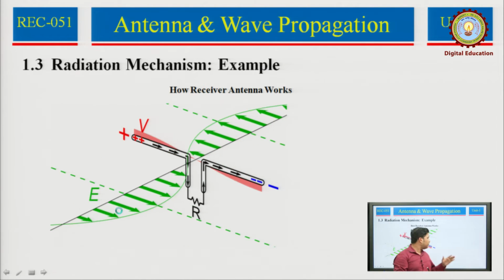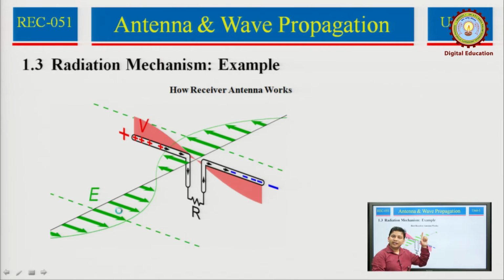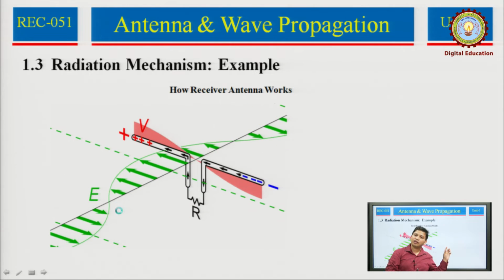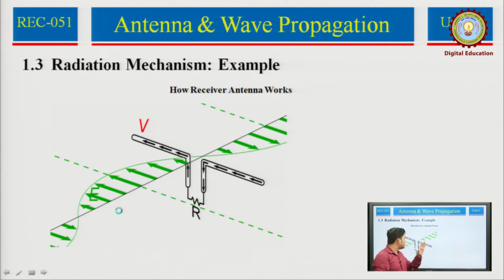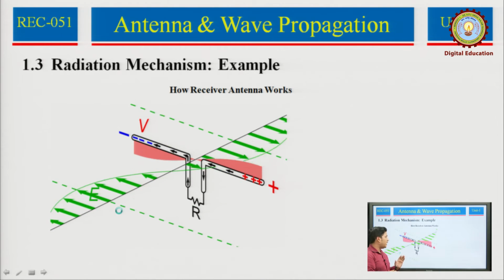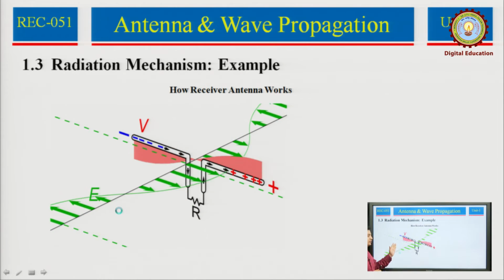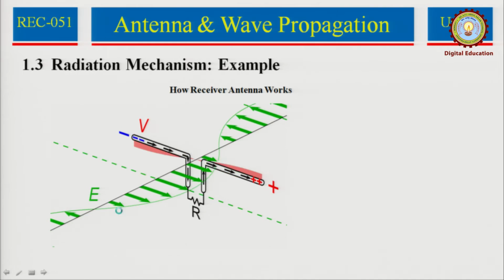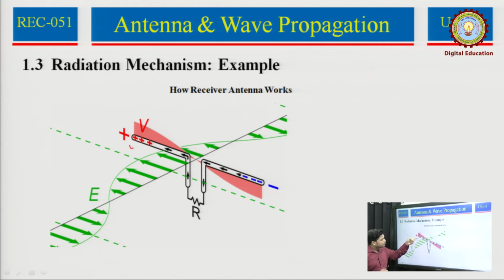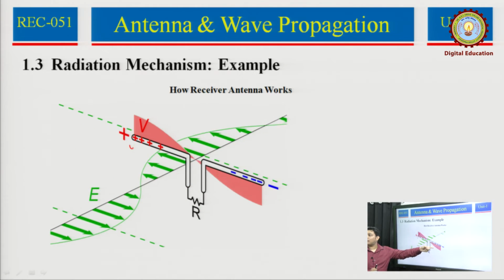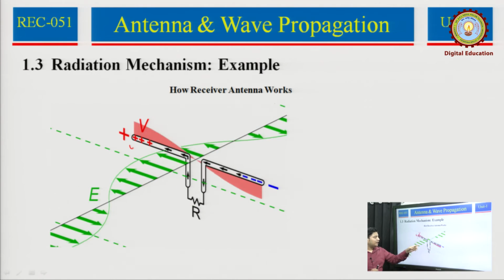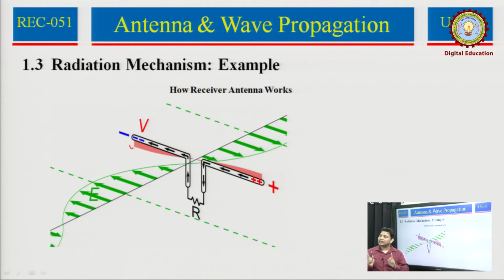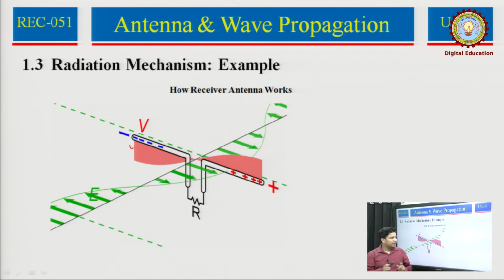So, a portion of that transmitted power is received by this antenna. Again, we earlier gave you this concept, that voltage is maximum at the open end of the dipole antenna, and current is maximum at the center of the dipole antenna. Remember this figure?